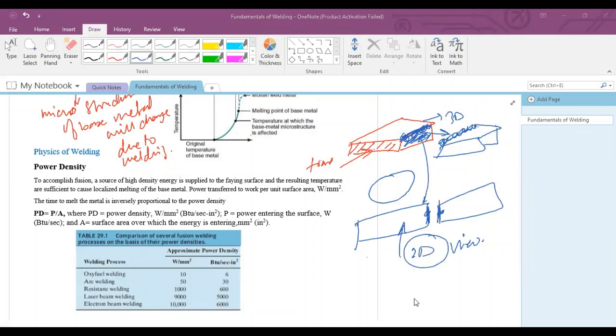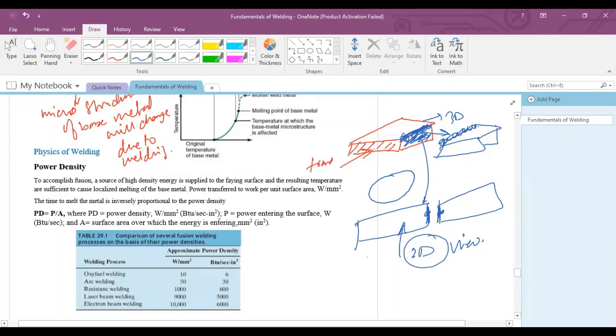It is the heat energy required to transfer to the workpiece per unit surface area, and its unit is watt per mm square, or in FPS units, British thermal unit per second into inch square, and A is the surface area over which the heat energy is transferring.